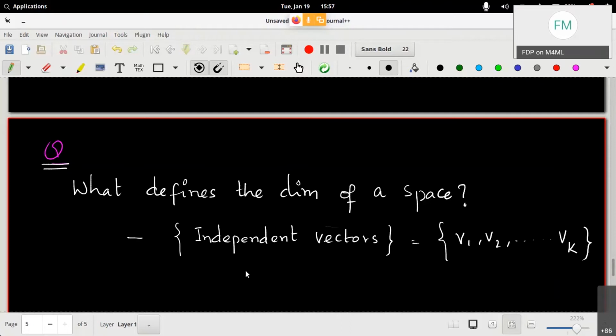So that means I'm trying to find the rank of a matrix. Let's say my space is 2 dimensions, and the rank of the matrix gives me 2 independent vectors.